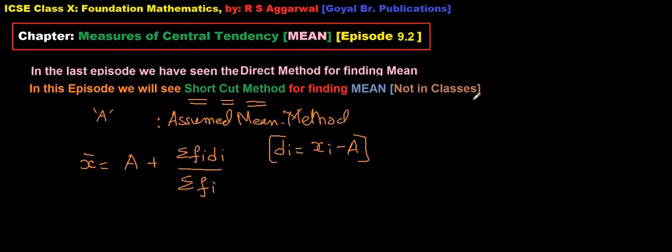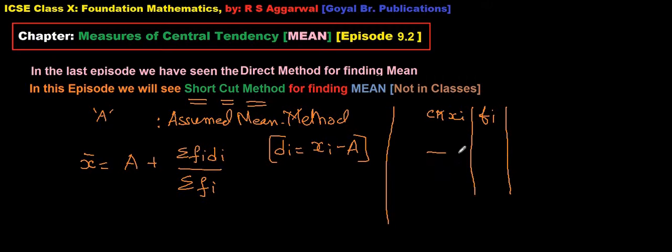So what do we require in our data? First of all, we require class intervals, but if class intervals are not there, we require class marks. That is going to become my xi. Then I require frequency, that is my fi. From here I am going to select the assumed mean. Sometimes in certain examples the xi corresponding to the highest frequency is considered as the assumed mean a.